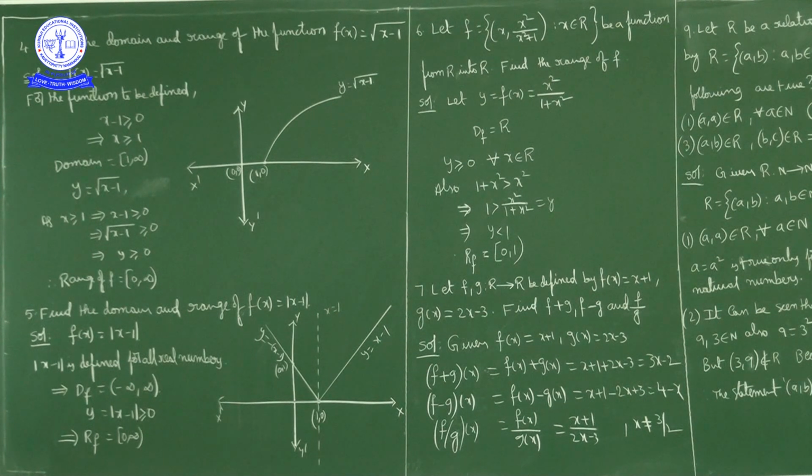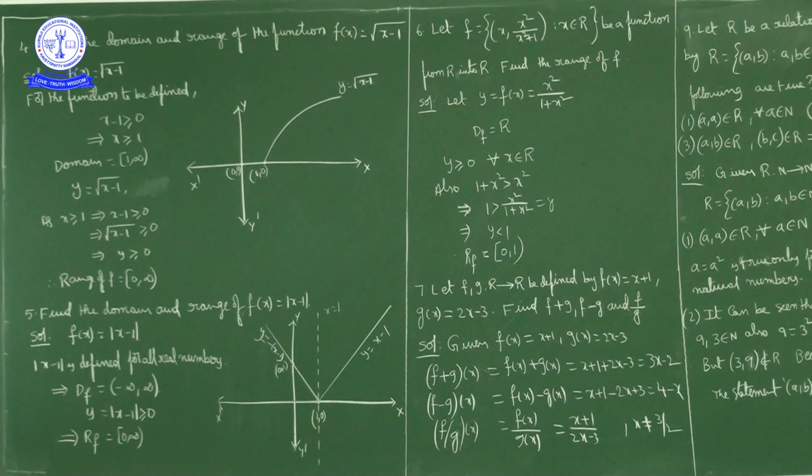What about the maximum value? When the numerator is positive, the denominator is also positive, but the numerator is 1 less than the denominator. Suppose the numerator is 99, the denominator is 100.